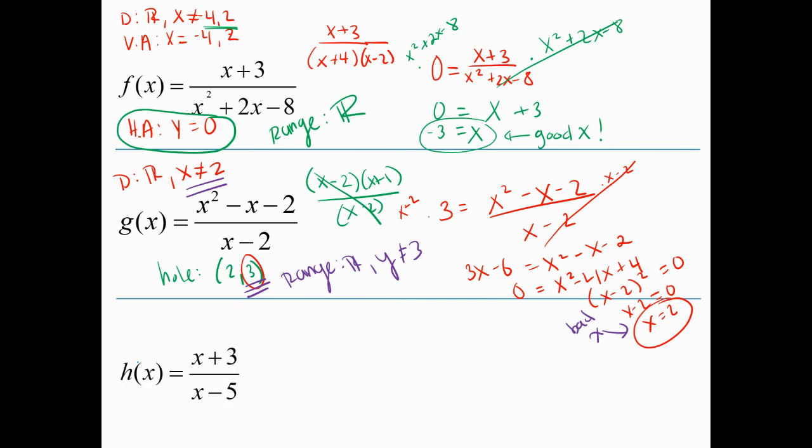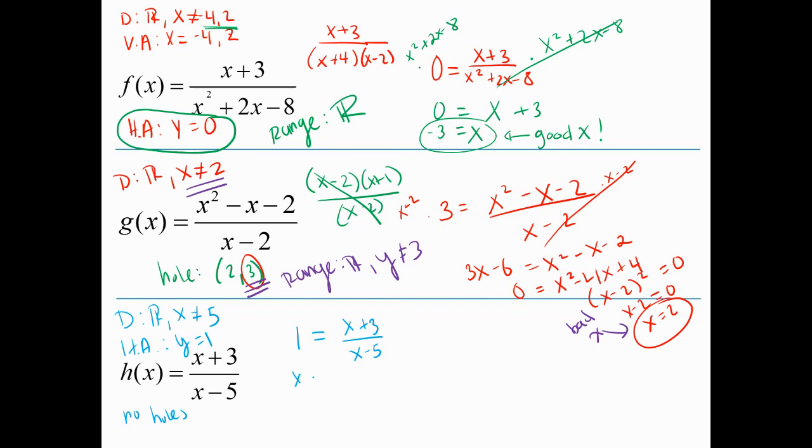And then finally, this last one we had on the warm-up, let's think about the domain first. So it was all real numbers, but x does not equal 5. This has no holes, but this does have a horizontal asymptote at y equals 1 because they're the same degree and it's the ratio of the leading coefficients. So I'm going to check this. 1 equals x plus 3 over x minus 5.